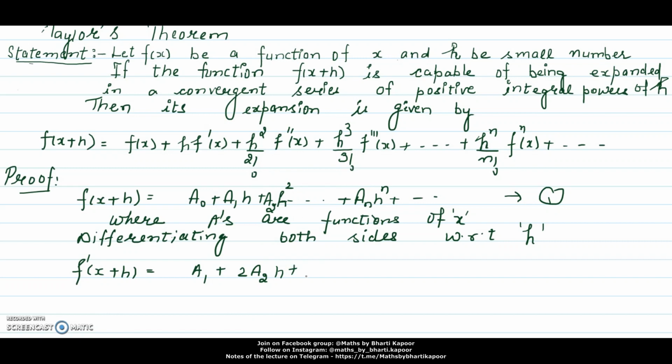Similarly, in the next term, it must be a3 h³ and the derivative of that term will be 3a3 h², and so on. Derivative of the nth term can be written as n an h^(n-1) and so on. So this is the derivative of equation number 1.